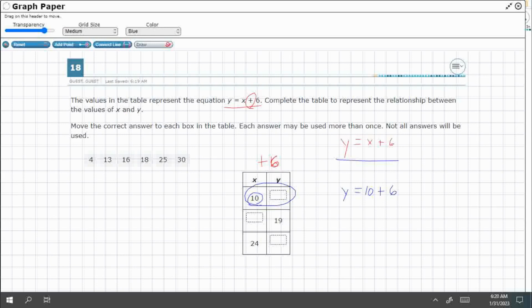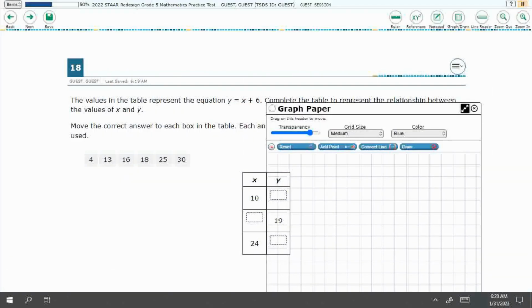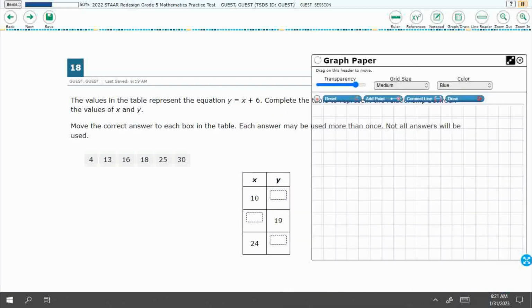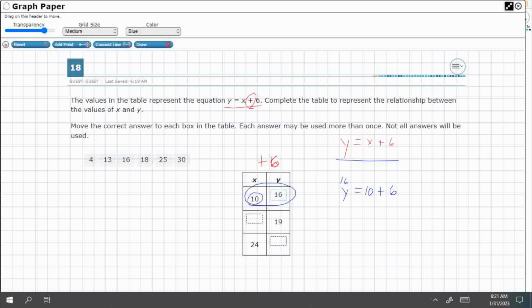So y equals 10 plus 6, and you're thinking that's easy. That's 16. You're right. That is easy. That's all they want us to do here. So let's grab this 16 and move it right there. That's substitution, where you're taking an unknown and replacing it with what you do know, and you're looking to see how that simplifies the equation or the expression.